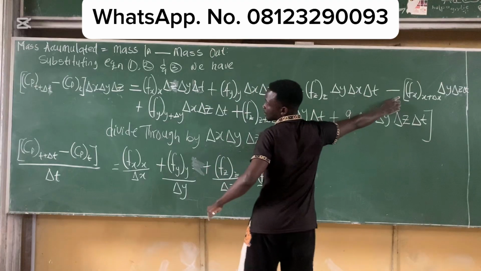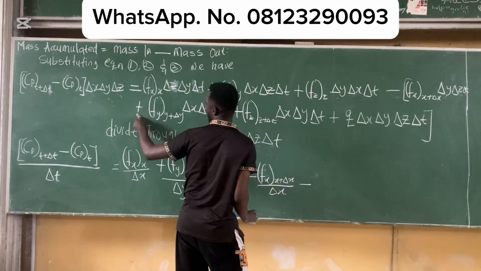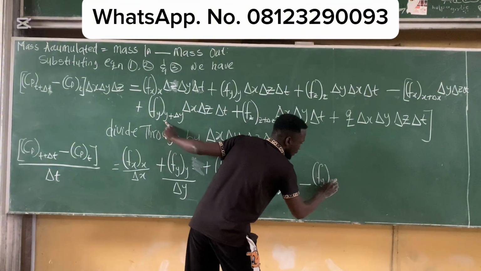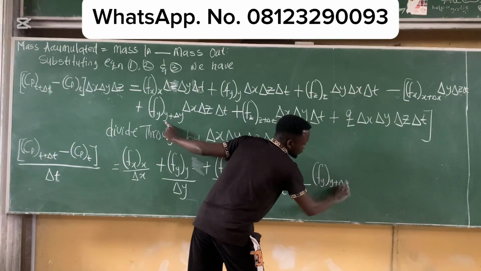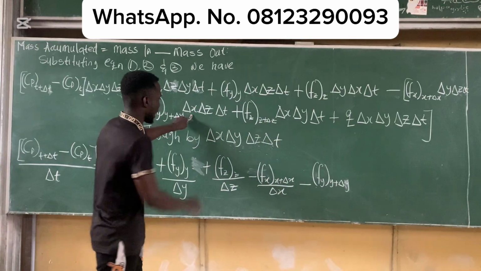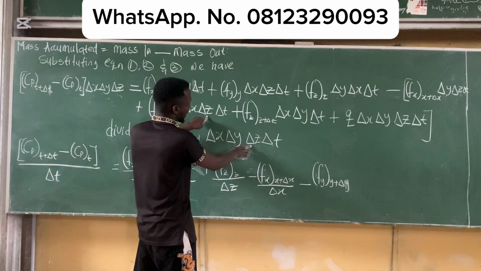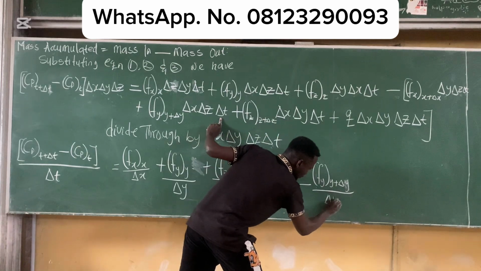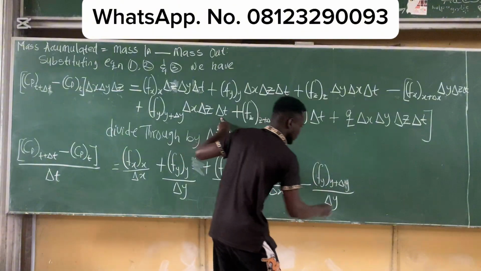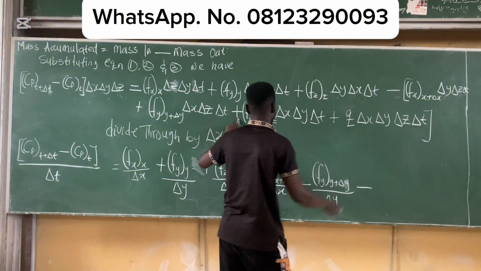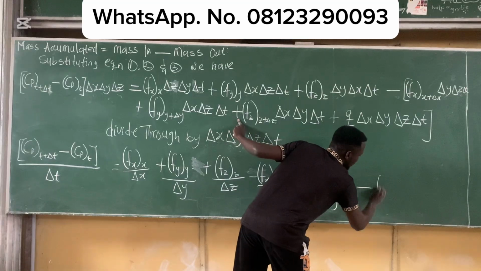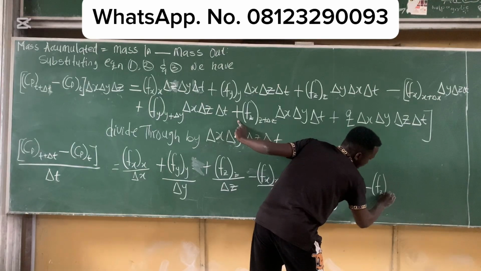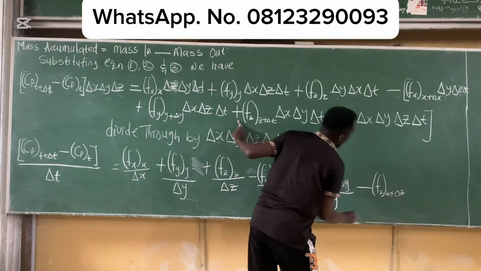Then minus times plus will give us minus f of y plus delta x plus delta y. Delta x will cancel delta x, delta z will cancel delta z, delta t will cancel delta t. So it will be divided by delta y. Minus plus will give us minus f of z at z plus delta z.